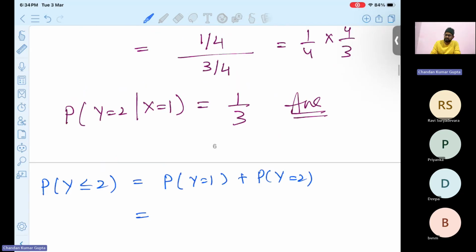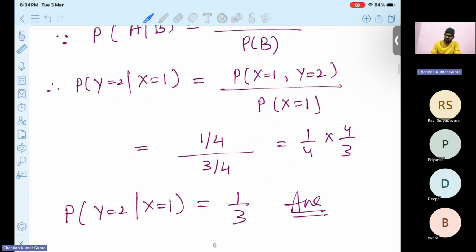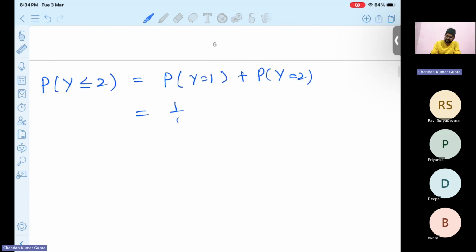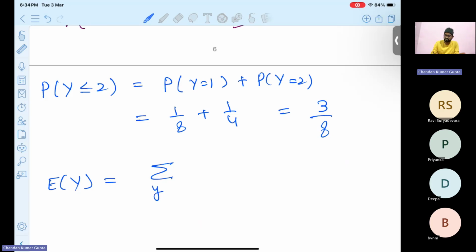Y equal to 1 is 1 by 8, and y equal to 2 is 1 by 4. So it's 1 by 8 plus 1 by 4, which comes out to be 3 by 8. You can construct any kind of numerical, like the expected value of y. Since this is a discrete distribution, y has values 1, 2, or 3.